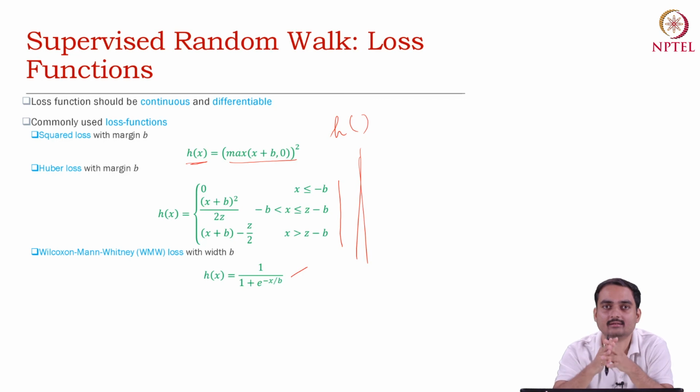The problem in supervised random walk is that it is time taking, because you have to do this random walk with restart kind of process for every node, and you have to take all pairs. Although you can take negative sampling and so on to squeeze the sample space, you still need to do random walk with restart from every node.